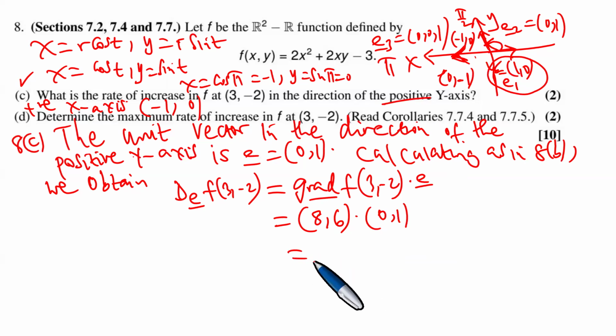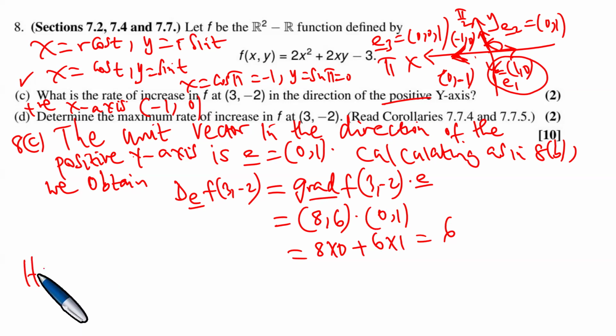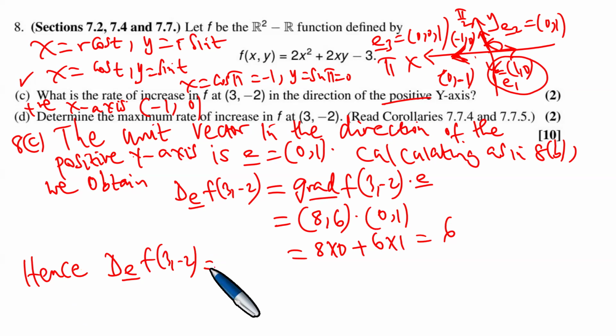Therefore we substitute 8 by 0. So 8 by 0 plus, this is called the dot product, this one is going to be exactly 6. Hence, the directional derivative of f at 3, minus 2 is equal to 6.